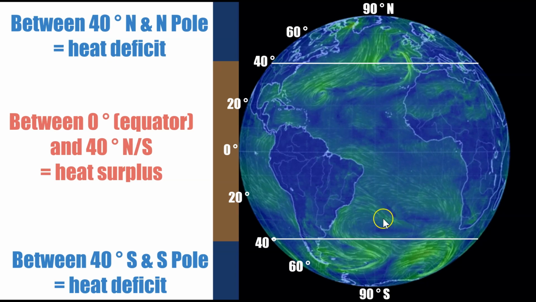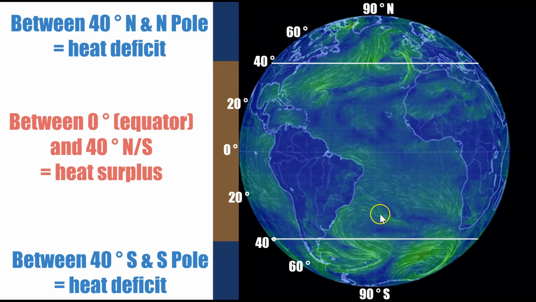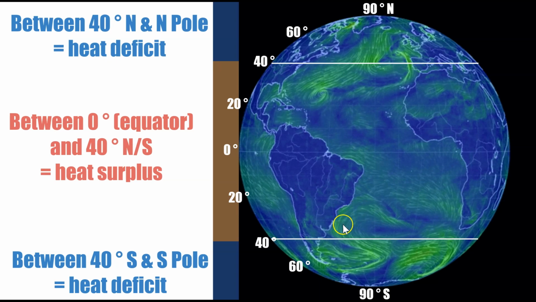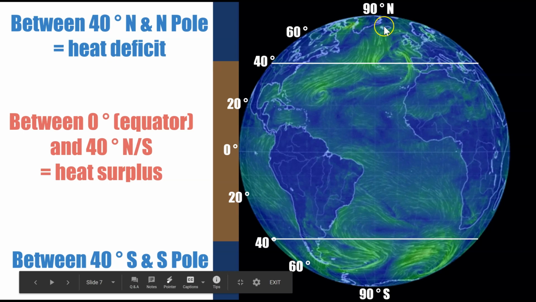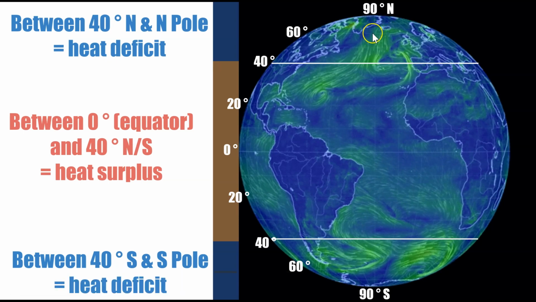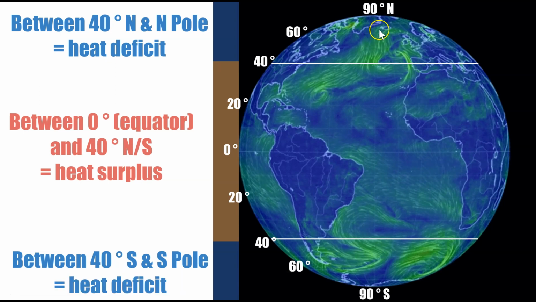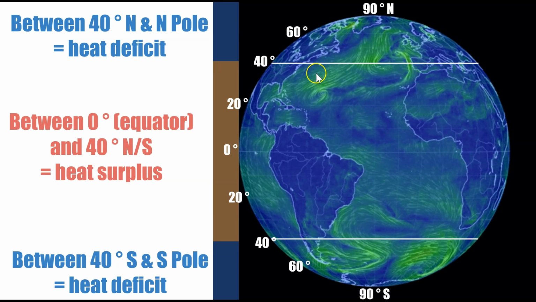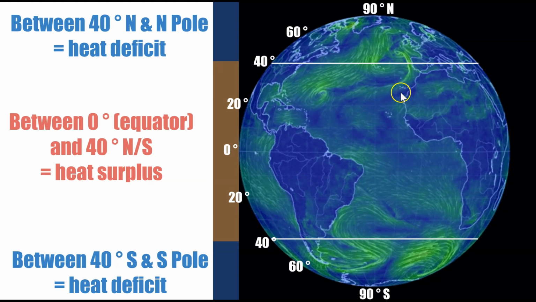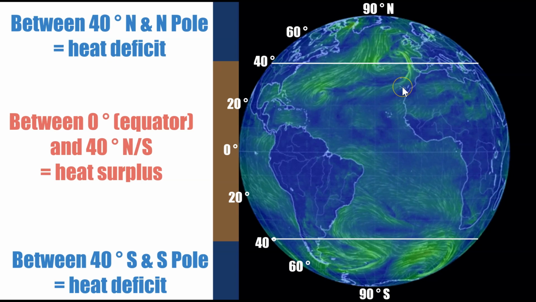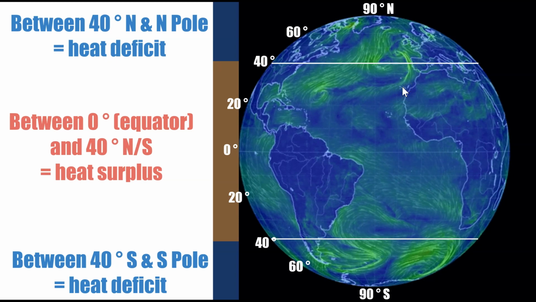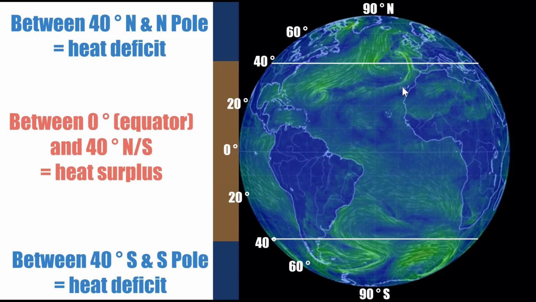And you can see that down here as well. You can also see, particularly in the northern hemisphere, the cold air moving from the area of deficit towards the area of surplus. So you can see this reorganization, this movement of air in the atmosphere, trying to redress those imbalances that exist.